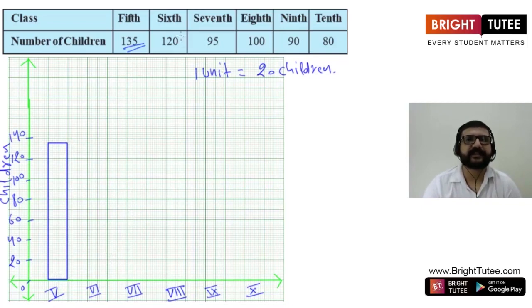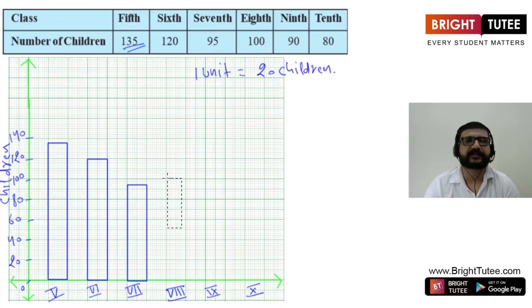Now the number of children in 6th class are 120. So the bar will be of the height 120. And then in the 7th class there are 95 students, or we can say 95 children. So its bar will be like this. And then for class 8 it is having 100 children.